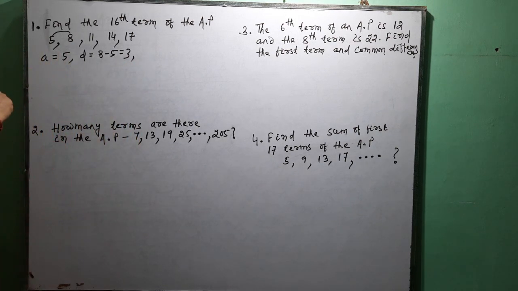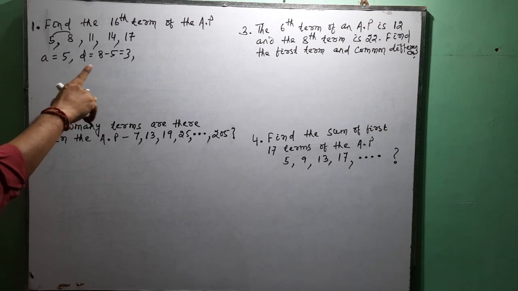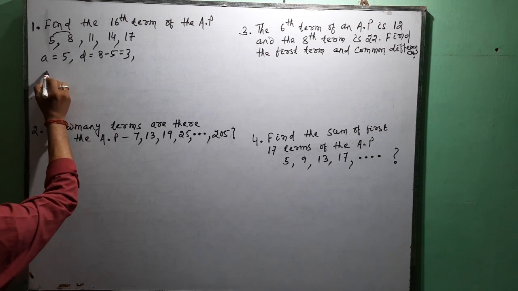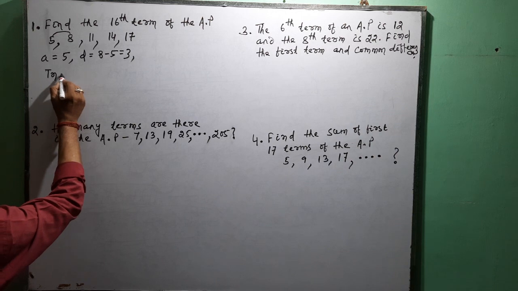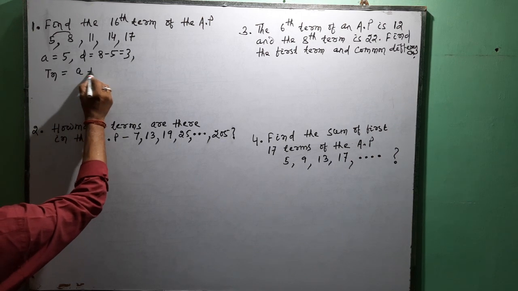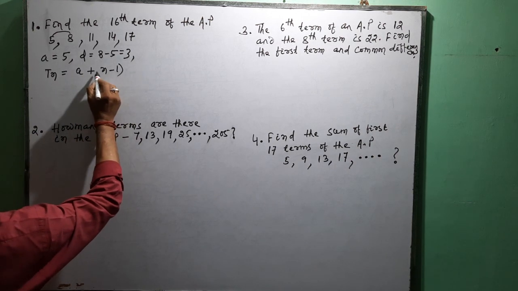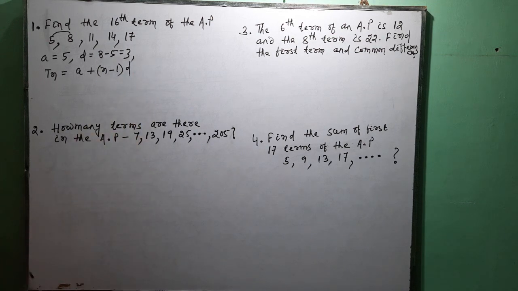Our question is, find the 16th term of the AP. This means Tn is equal to a plus n minus 1 whole into d. This is the formula.